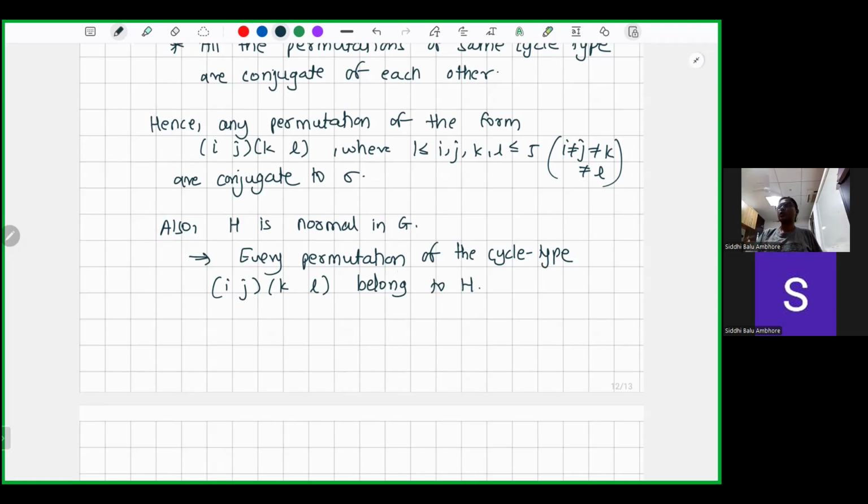Sigma belongs to H, which is a normal subgroup of G. And since it is a normal subgroup, every conjugate will be inside H. But every permutation of 2-2 type is conjugate to sigma, and that's why it belongs to H. We have these two facts, that (i j)(k l) is conjugate to sigma plus H is normal in G. These two facts give me that every cycle of 2-2 type belongs to my group H, which we started with.